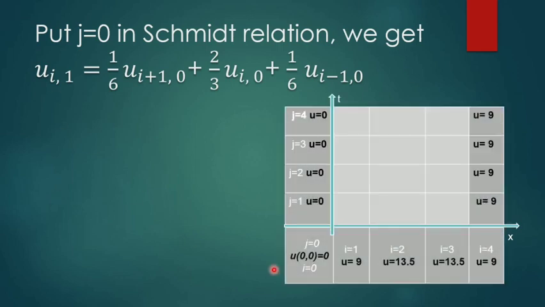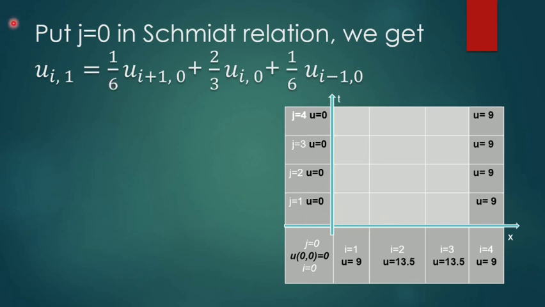These initial values have been found using initial and boundary conditions. Now from this initial row, that is j equal to 0, we are going to find the value of u in the first row.